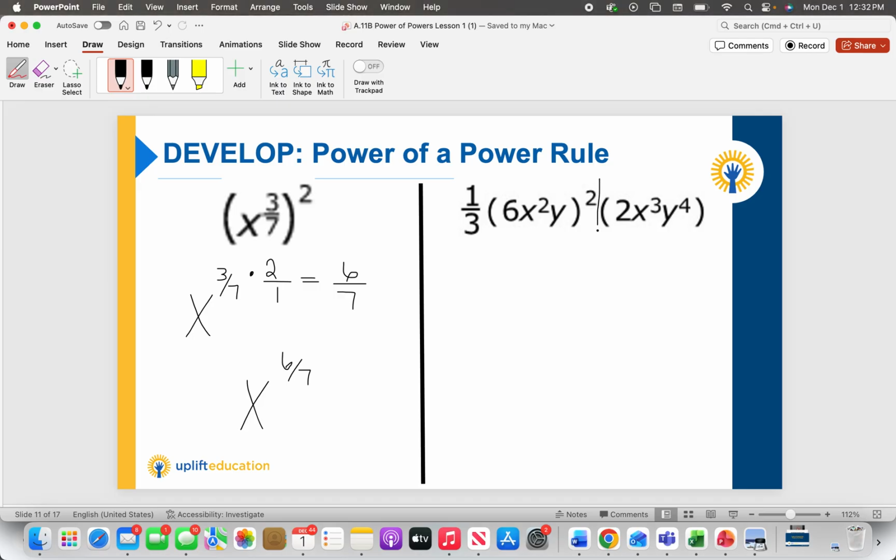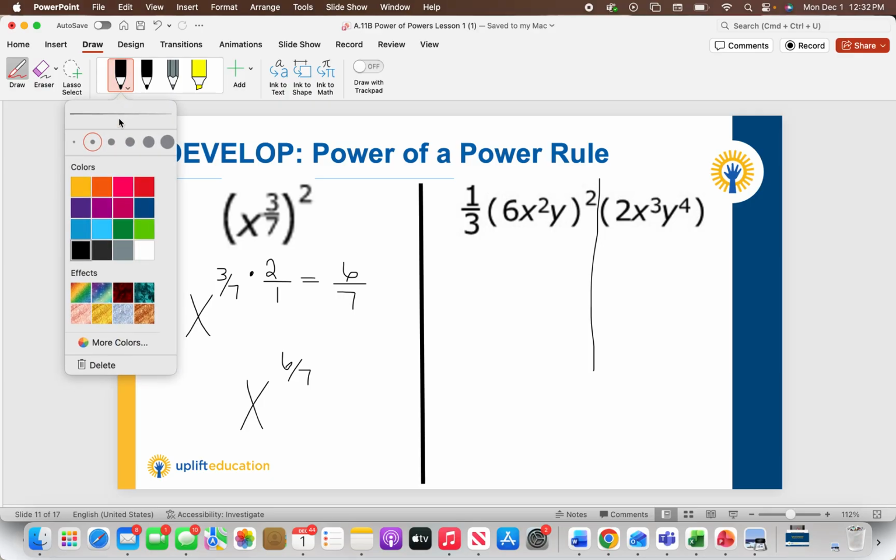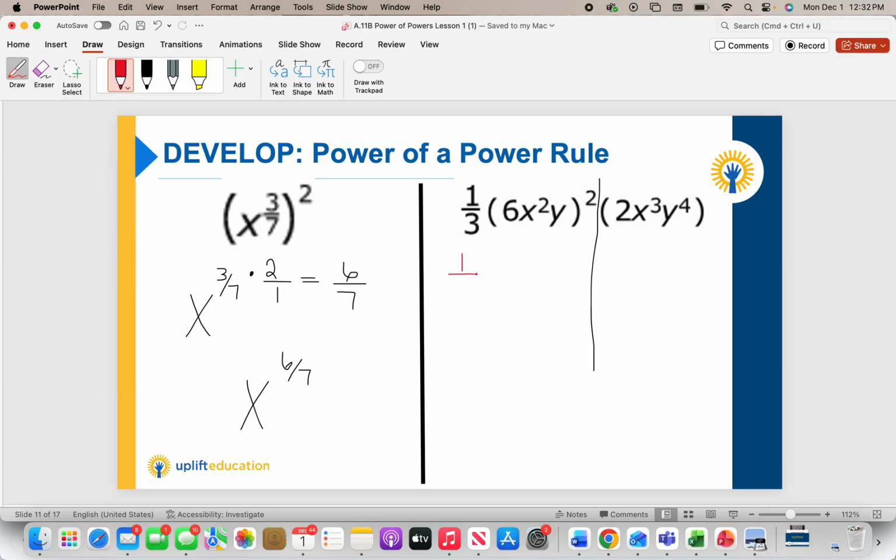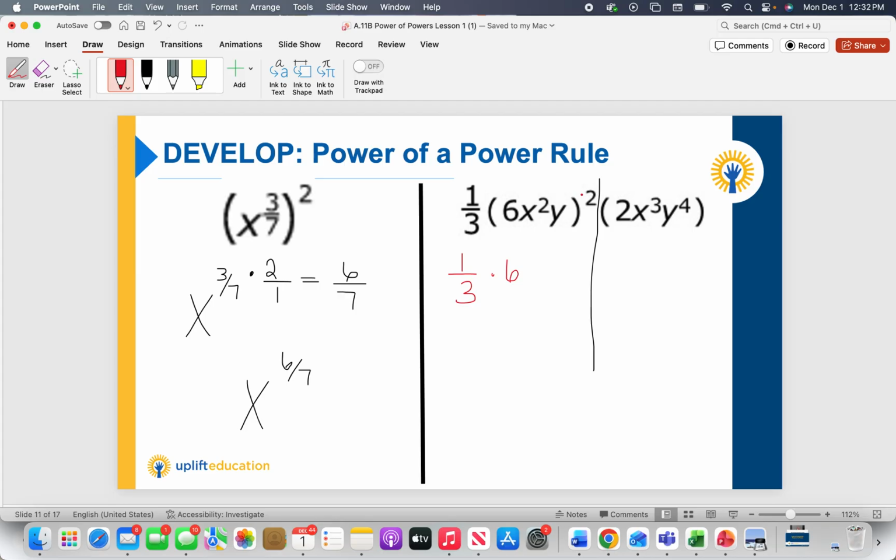One last example, and it'll be time for you to practice. Just like before, the 1/3 is not in the parentheses, so we're going to rewrite it. However, we have 6, and it's asking to be squared. We have x squared, but we have to multiply that by 2.